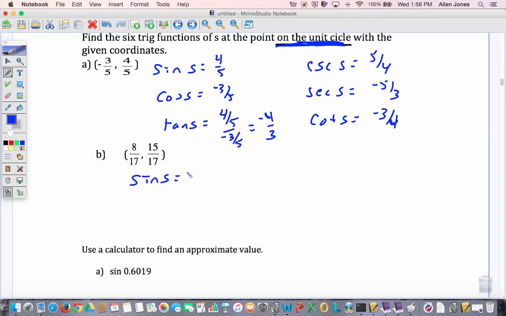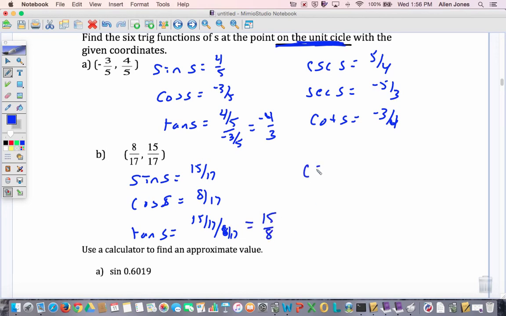I'm going to zip through one more of those. B says 8/17 and 15/17. We're still on the unit circle. So our sine is still the y-coordinate. Our cosine is still the x-coordinate. Our tangent is still y divided by x.